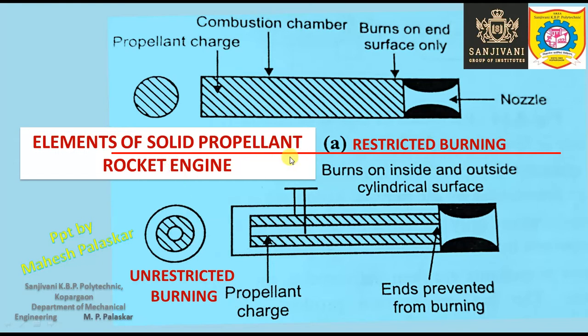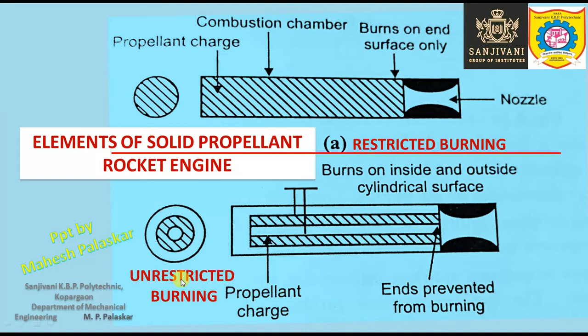burning type solid propellant rocket engine, and this is the restricted burning type solid propellant rocket engine. So this is the propellant charge in the form of a cylinder, and it is present in the combustion chamber. It can burn at only one end, and the nozzle is present at the other end.